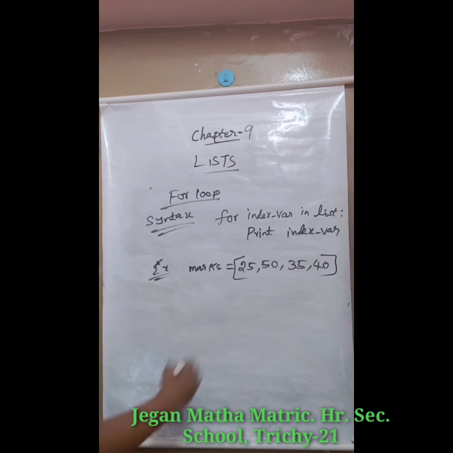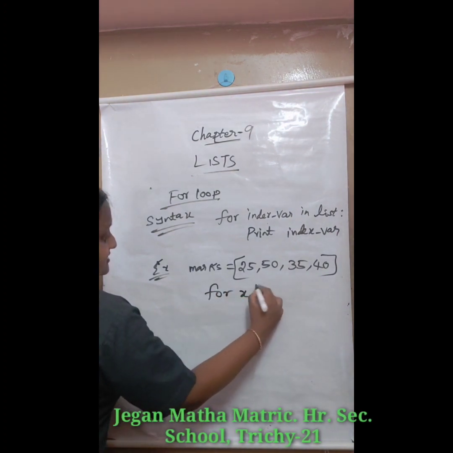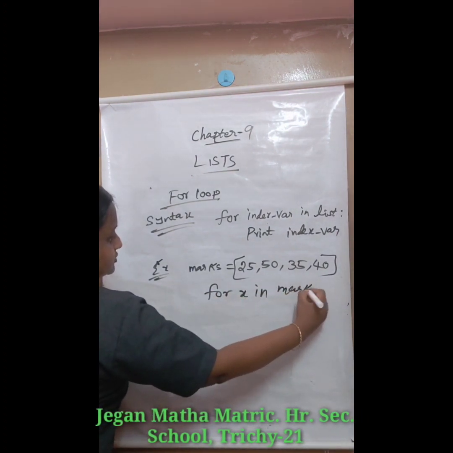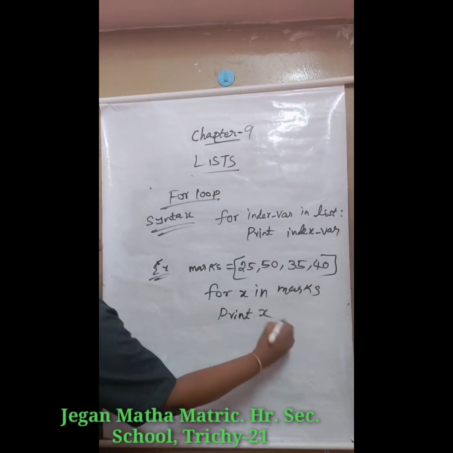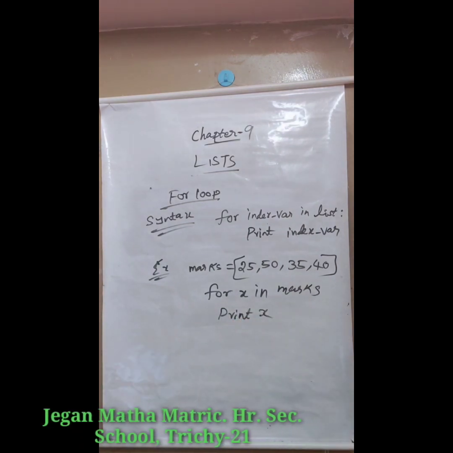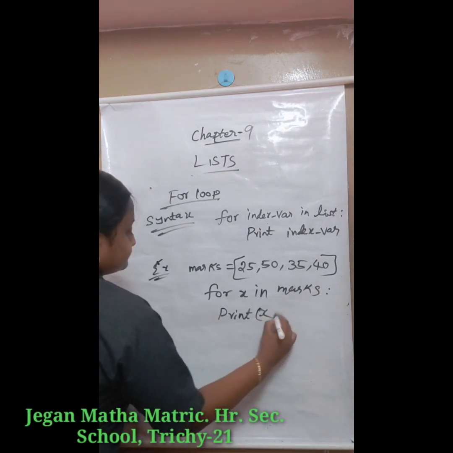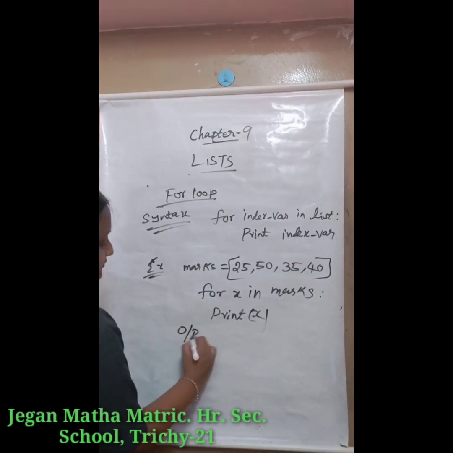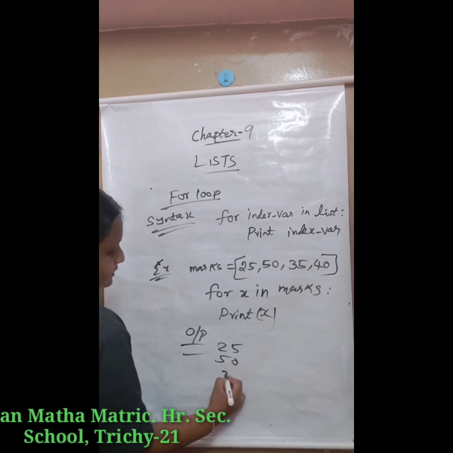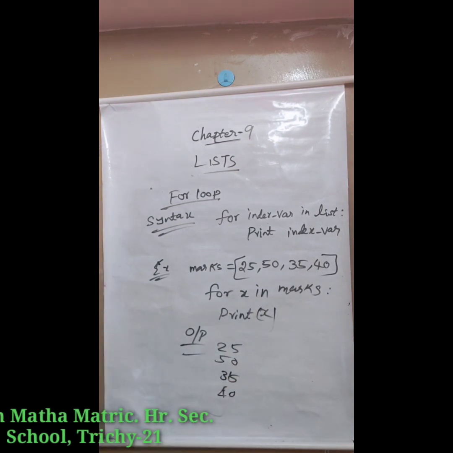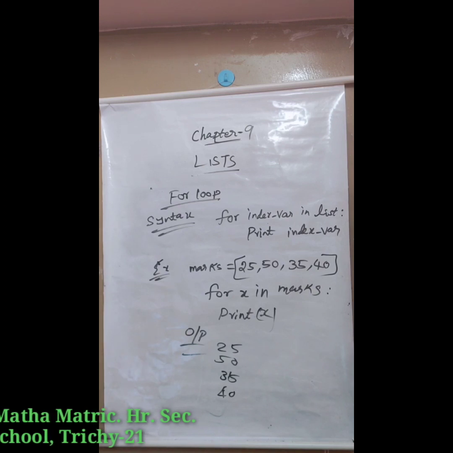And next, for x in marks, it takes one by one and then prints x. Now the output of the program is: first it prints 25, and after that 50, 35, 40. So this is the example for accessing elements using a for loop.